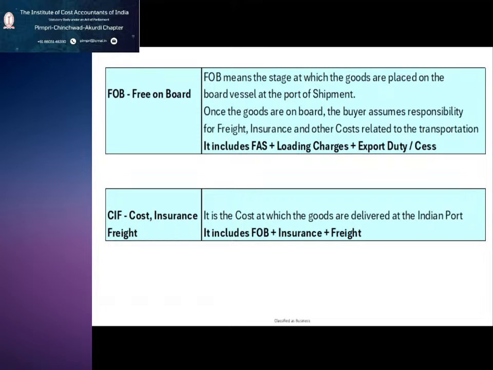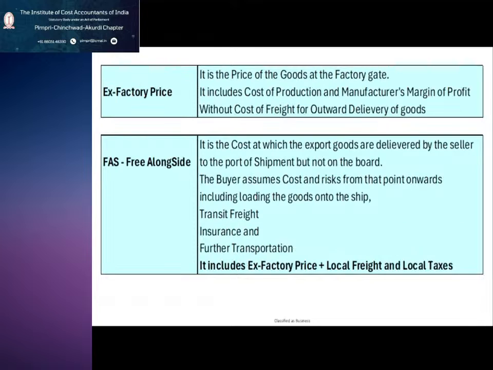That is free alongside plus loading charges plus export duty or cess. These are all included in the free on board, FOB, that is, goods are placed on board the vessel at the port of shipment. So once everything is ready, it includes the loading charges plus export duty, plus free alongside, just as we have seen what costs it includes.